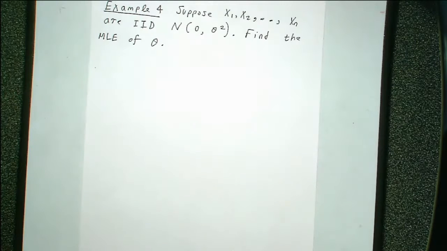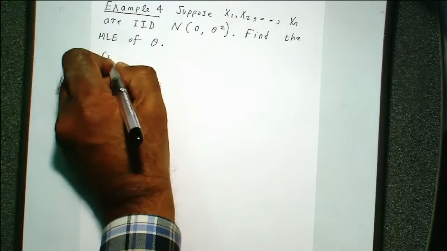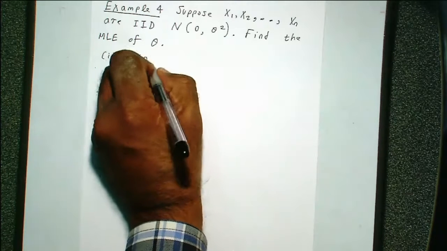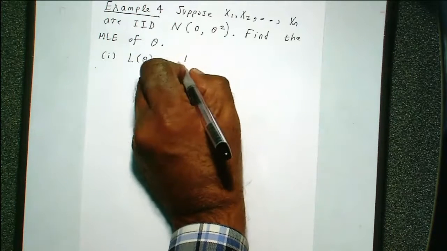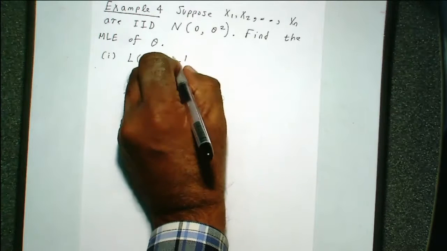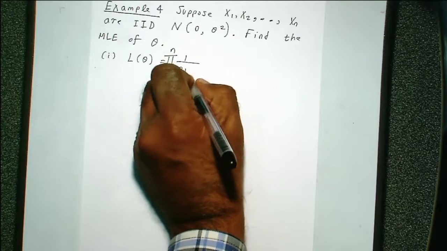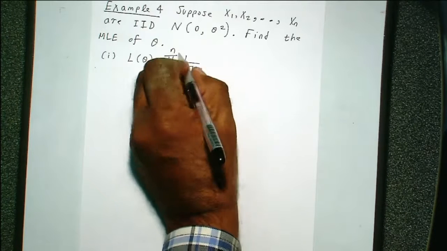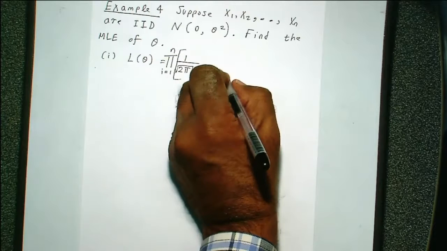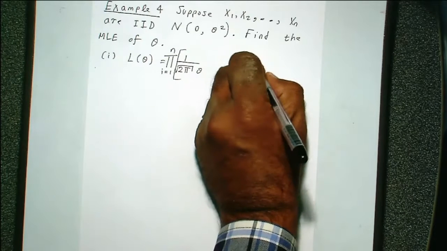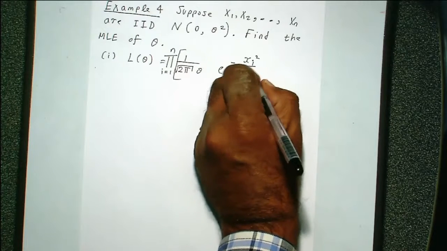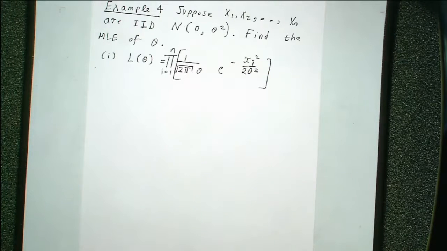Right here, you have a random sample from a normal distribution with 0 mean and variance theta squared, right?